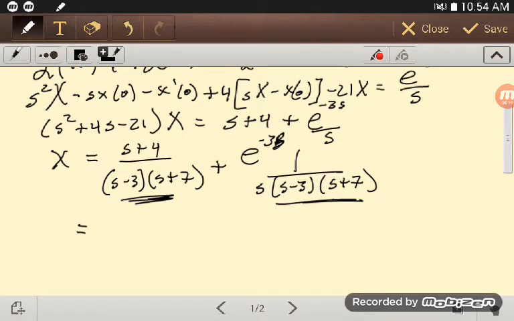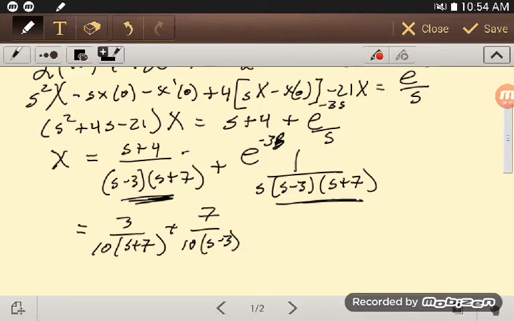X is equal to, and I'll do my previous partial fractions from that one, and that was 3 over 10 times s plus 7 and plus 7 over 10 times s minus 3.